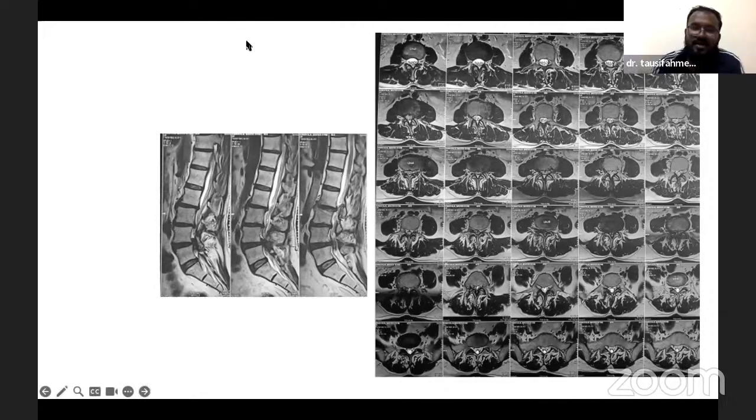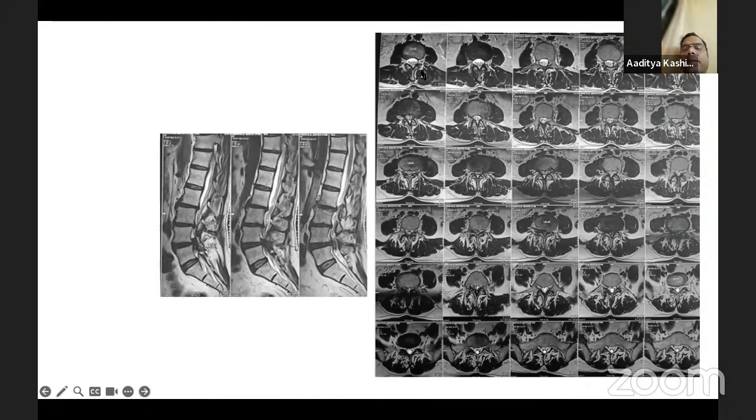Aditya sir, would you like to conclude the MRI? Yeah, hello? So there is very bad stenosis at the L4-5 level, which is the maximum stenotic level, on the right side. I feel there is a facet cyst rather than a disc.